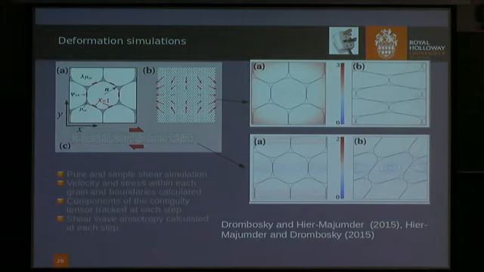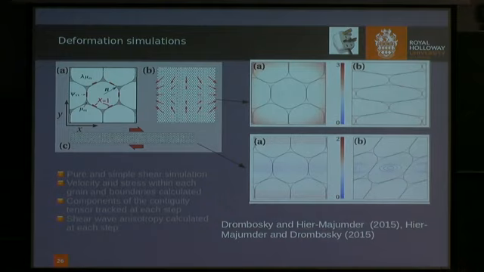Okay, so here's the plug again. I'm showing a couple of different cases here, but I'm going to focus more on the pure shear experiment. These numerical simulations were quite a lot motivated by Martha Daines's work with David.